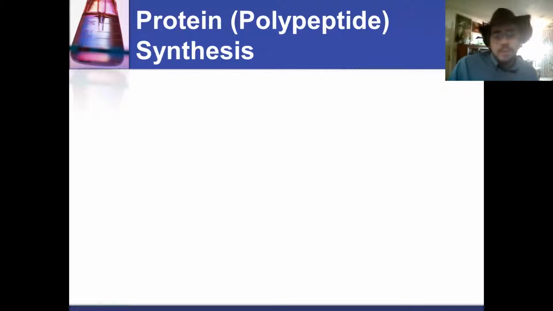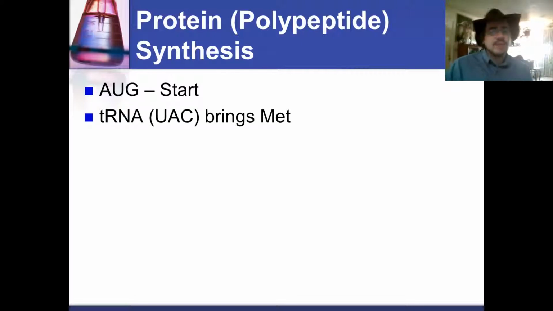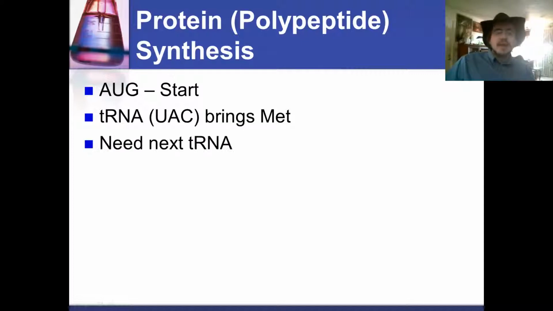So we're primarily concerned with the making of the chain, not so much the protein getting its primary, secondary, tertiary, and quaternary structure. So polypeptide synthesis begins with the start codon, AUG. And the tRNA with its UAC anticodon comes along and binds to the start codon, and it brings methionine.